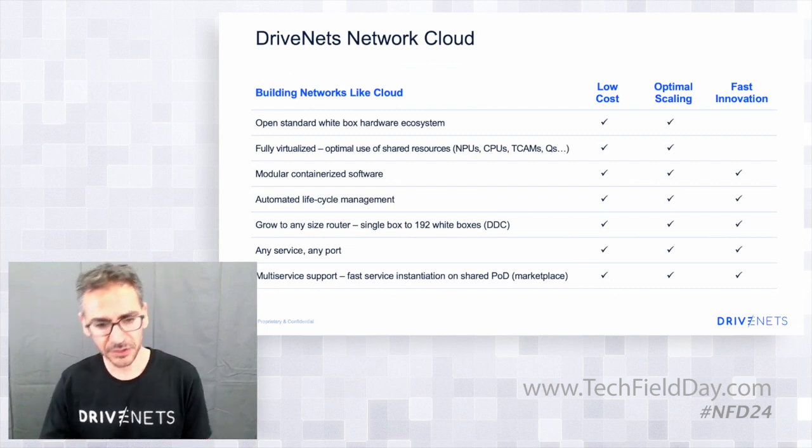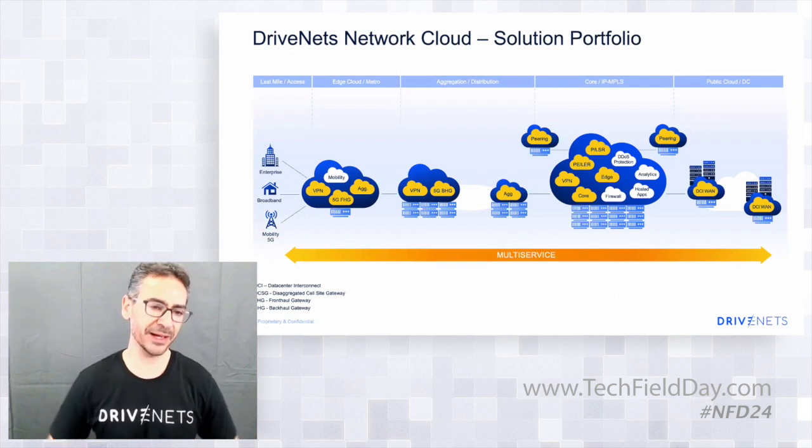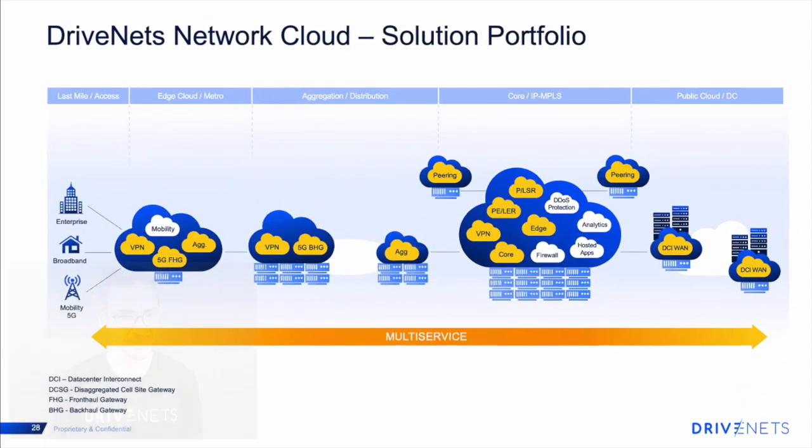So just to wrap this up, when we're looking at network cloud, and this is something perhaps that we learned from our customers, you don't go out full blown and take your entire network and toss it out. That's not how it works. Hopefully it is, but that's not how it works.